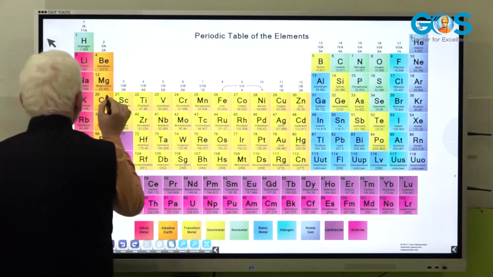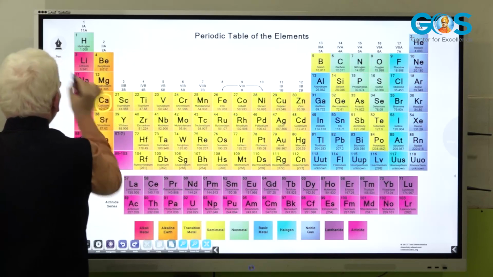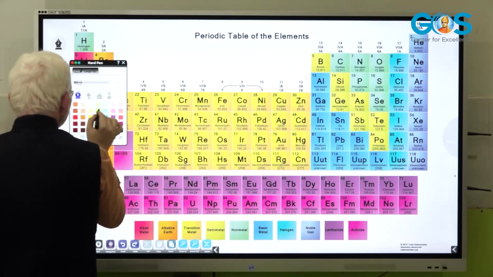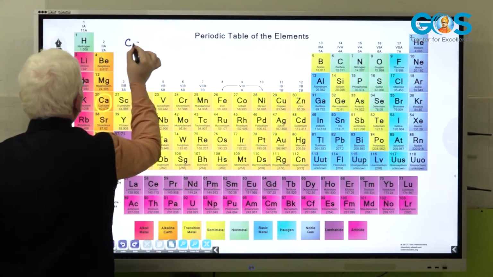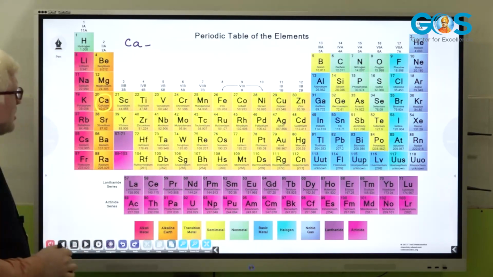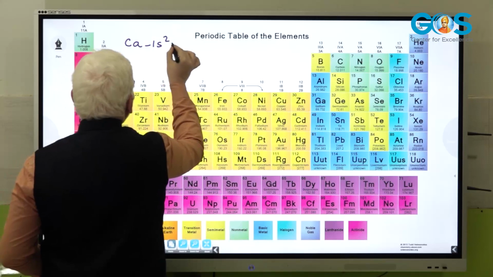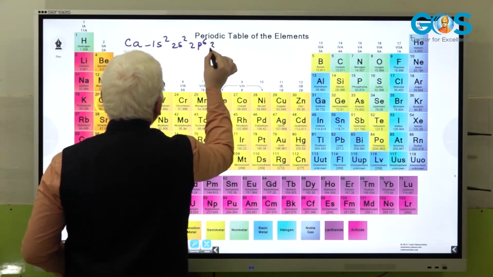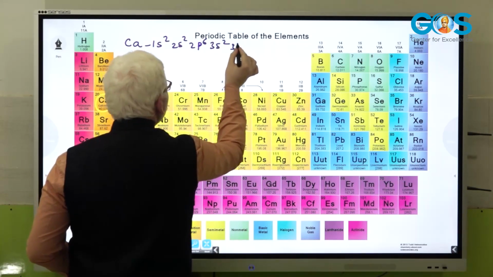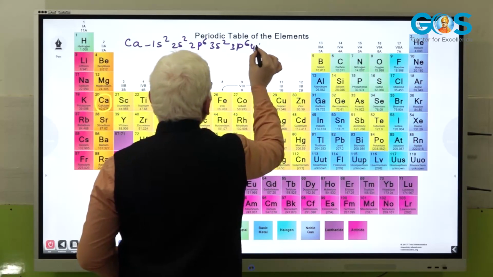Let me take calcium, and let me write the electronic configuration of calcium. The electronic configuration of calcium is 1s2, 2s2, 2p6, 3s2, 3p6, 4s2.